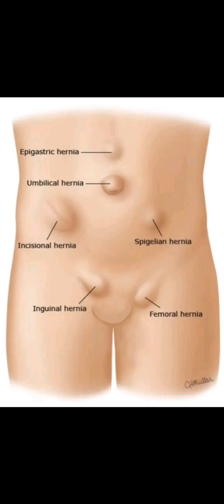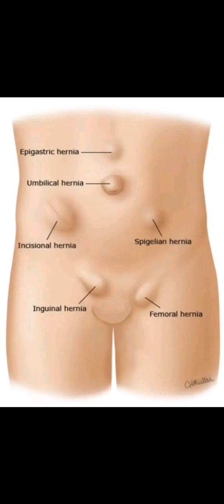It is located in the anterior lateral wall of the abdomen between the linea semilunaris muscles and the rectus abdominis muscles. If that area made up of connective tissue is weak, then internal organs will protrude from the same area. That is what we call Spigelian hernia.